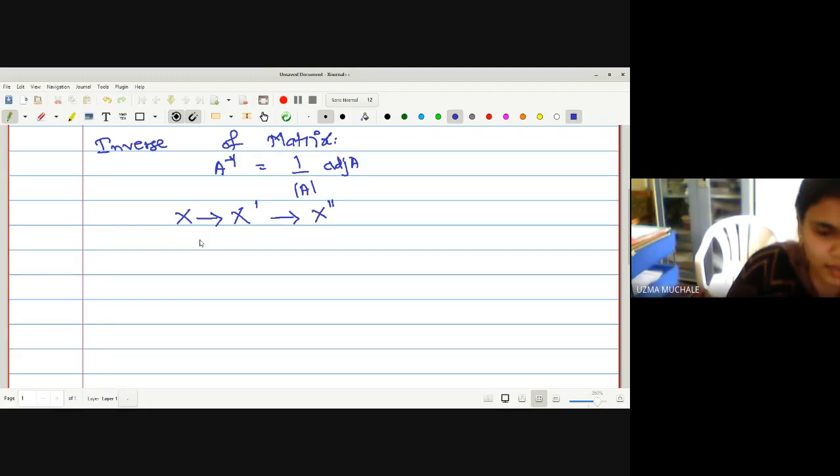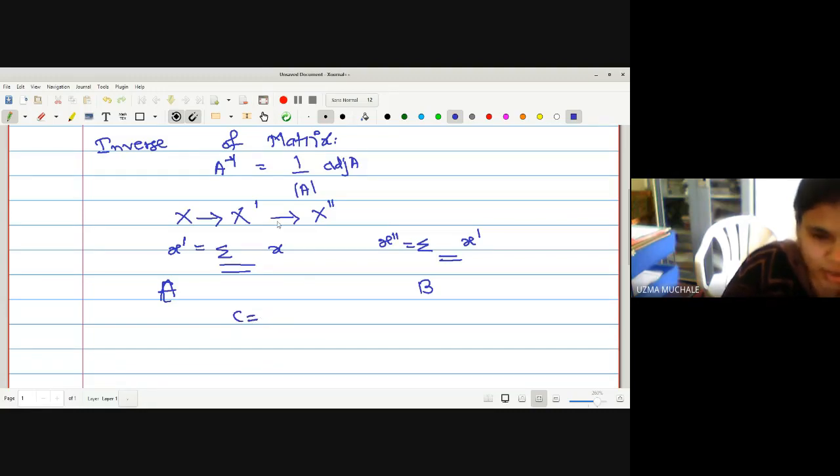We wrote x double dash in the form of x dash, and whatever this term is, it is nothing but the matrix. This is B, and then we found the product of two orthogonal transformations, whose transformation matrix is nothing but C.